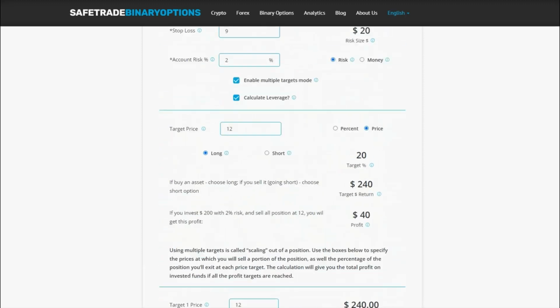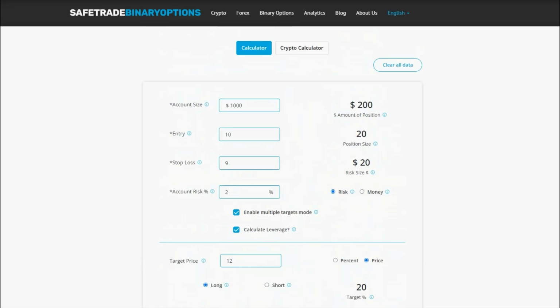Now do a little math there for a second. 200 shares, if you lost 10 cents on 200 shares, how much would you be losing? That would be only $20. So that's how we can use leverage but still keep our risk controlled.